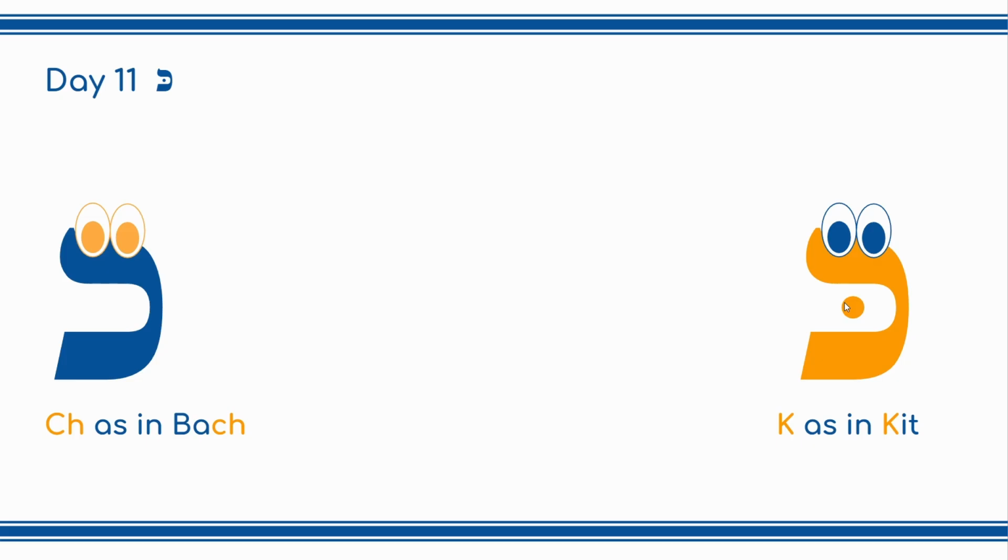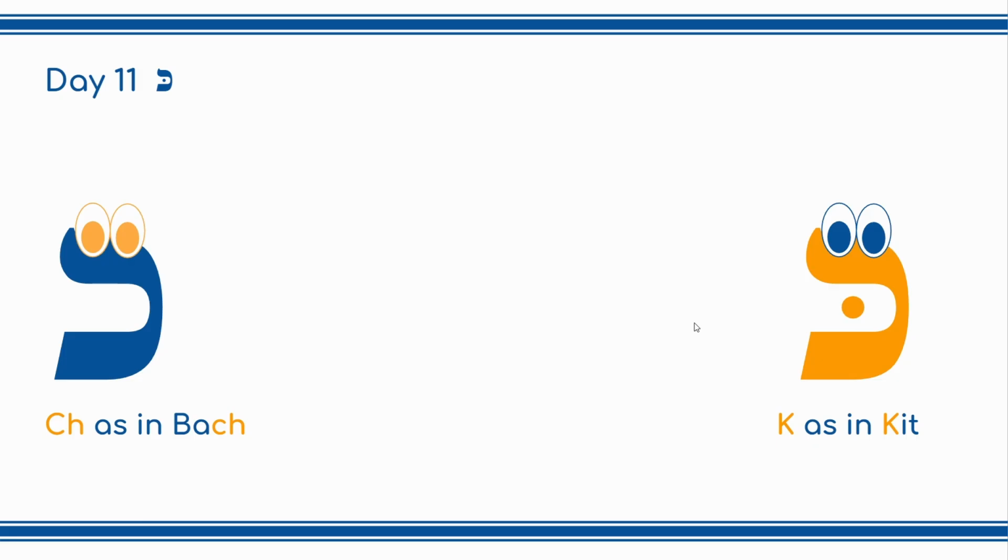And you can think of this dot as like a medicine, or like a cough drop, because Kaf over here makes the ch sound, and it sounds like he has a sore throat or something stuck in his throat. And so when the dot's there, or Kaf has taken his medicine, he now makes the clear K sound.